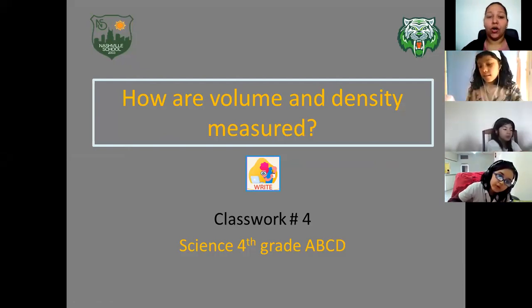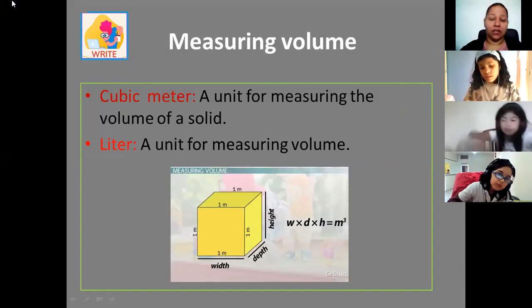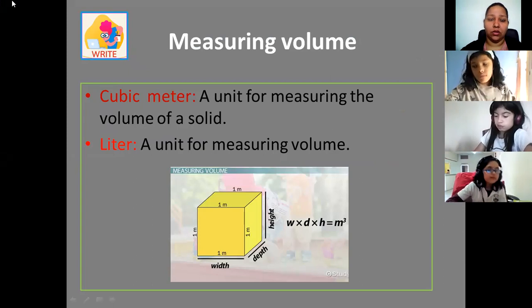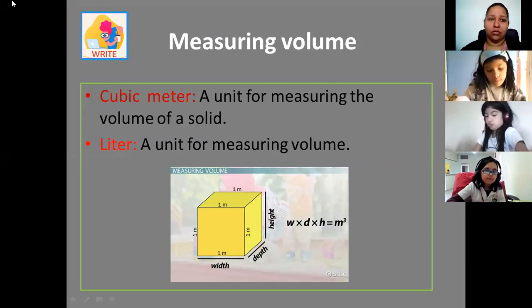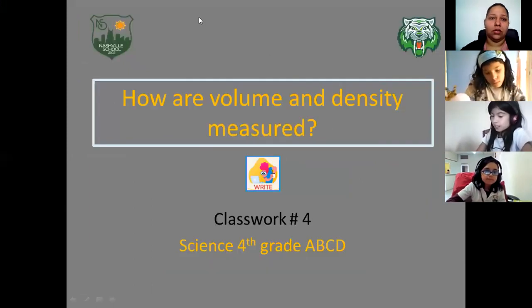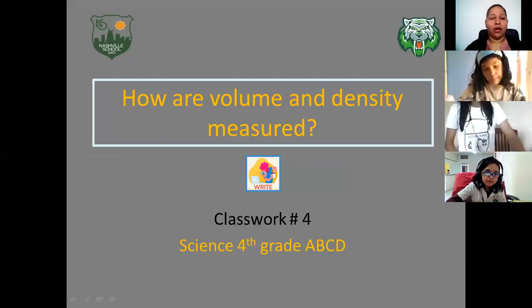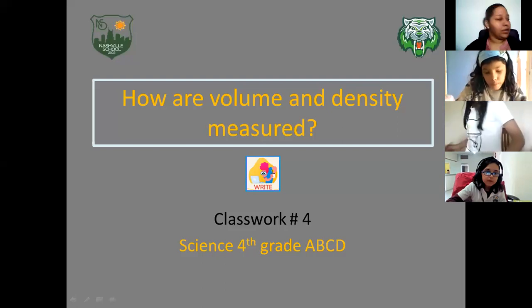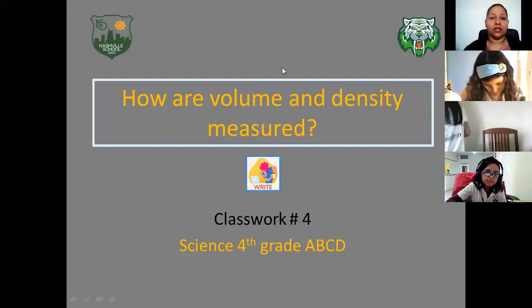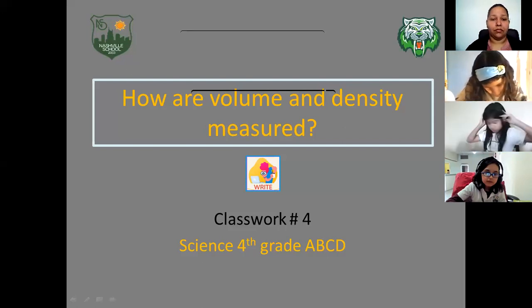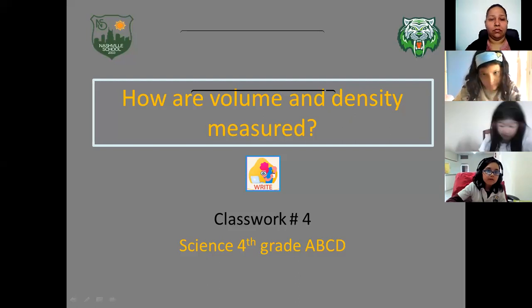Okay, so over there, as you can see, the topic: how volume and density are measured. Okay, then you have it.